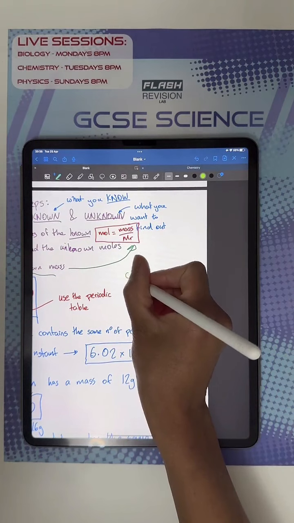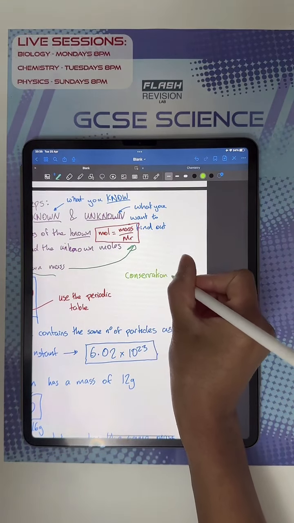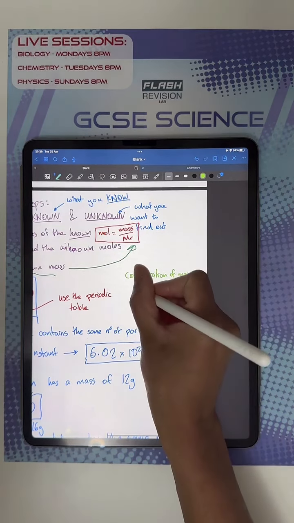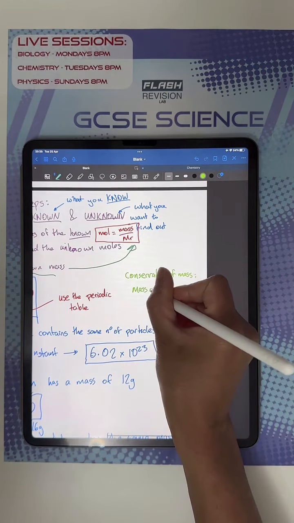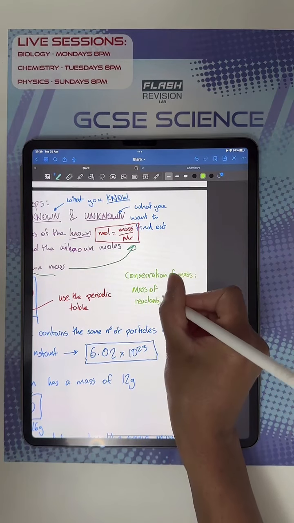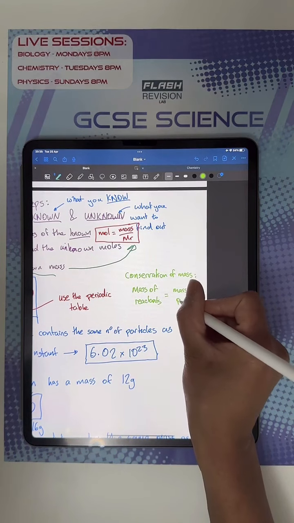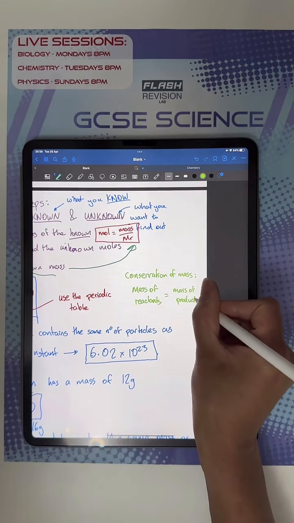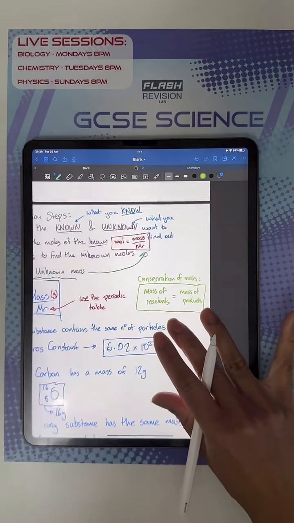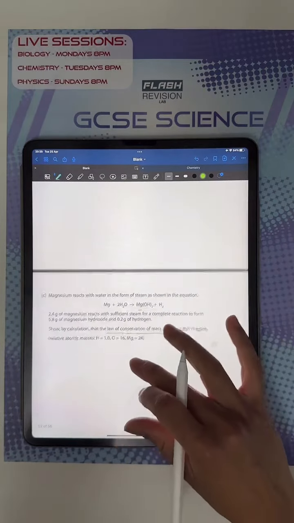Conservation of mass: mass of reactants is equal to mass of products. This is what we need to prove. So yeah, that means the mass needs to stay the same on both sides.